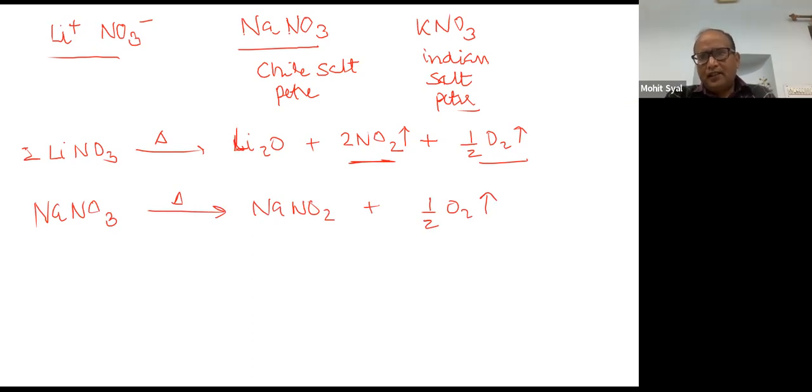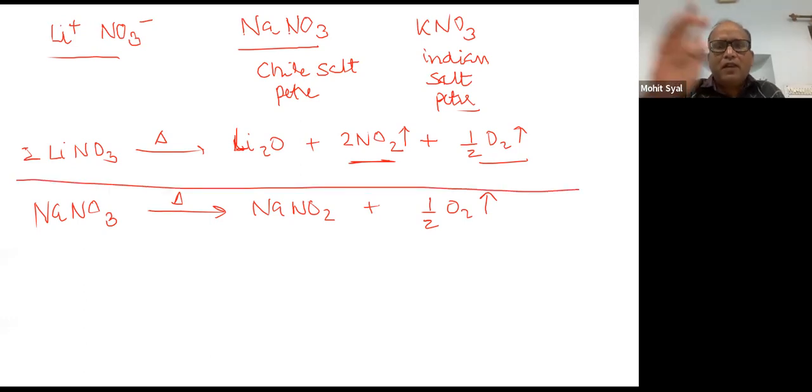Lithium forms nitrite, sodium, potassium do not form nitrate, they are unstable. So this is the way in which lithium nitrate and sodium, potassium, rubidium nitrate break away. Lithium nitrate gives two gases, NO2 and O2. Sodium nitrate is going to give only oxygen, right?